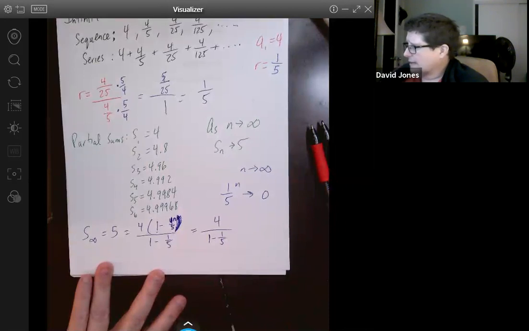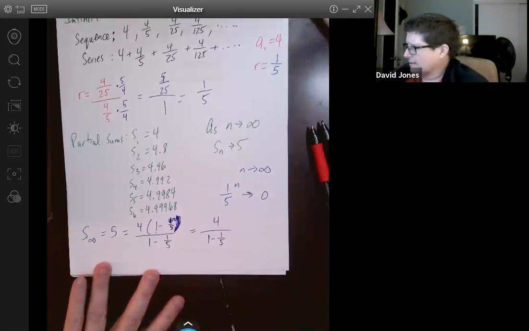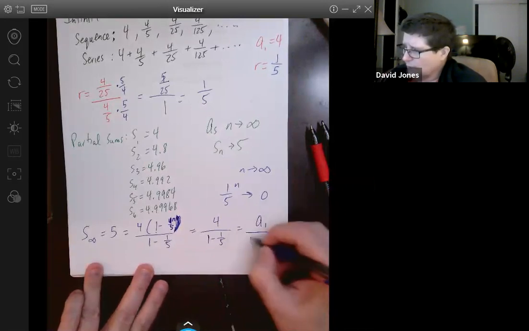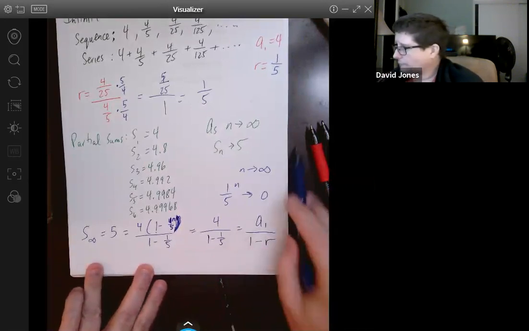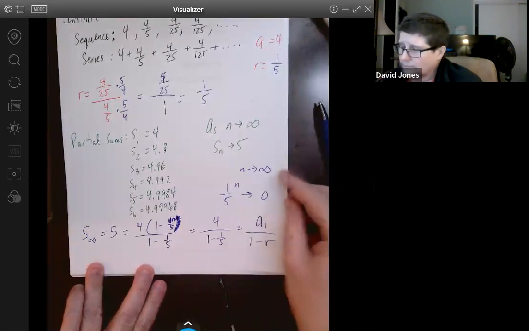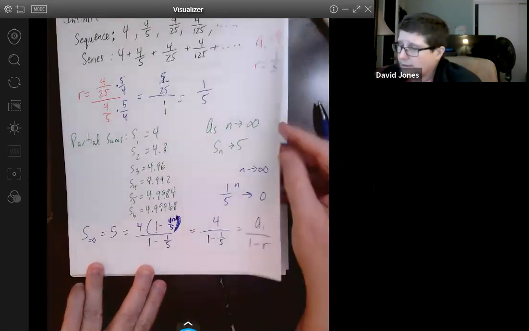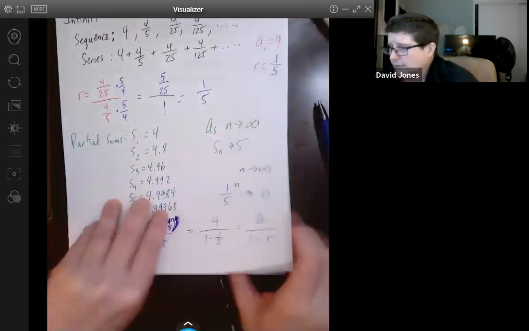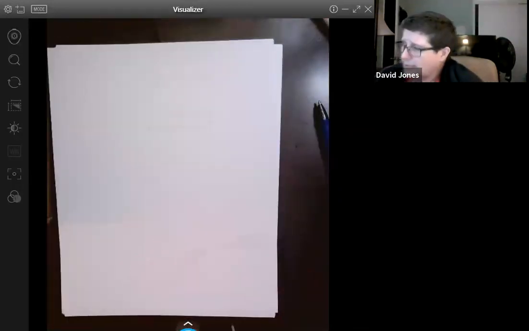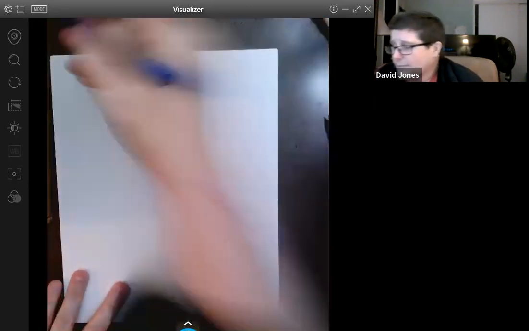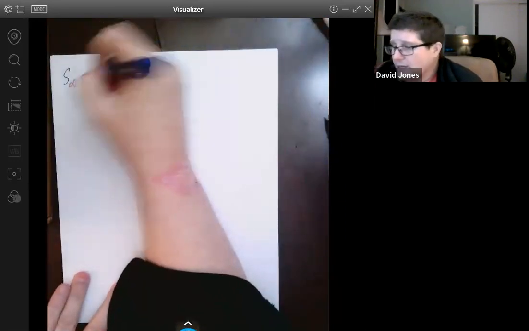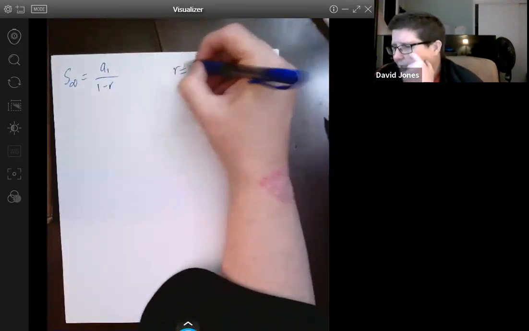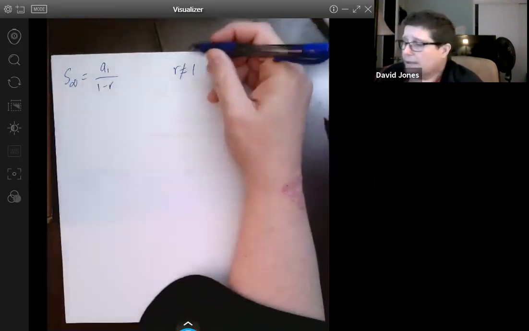And how's that look here? This is a sub 1 over 1 minus r. Okay? So let's just finish up that idea. S sub infinity is a sub 1 over 1 minus r. Obviously, r cannot equal 1. It breaks the bottom.